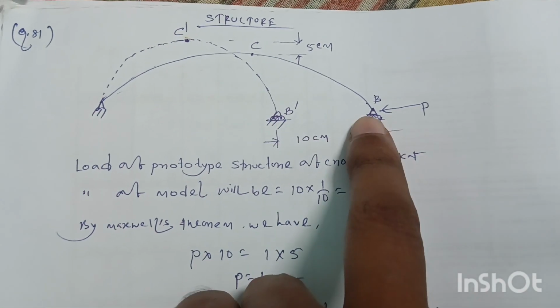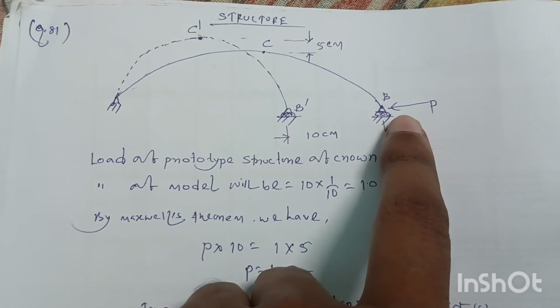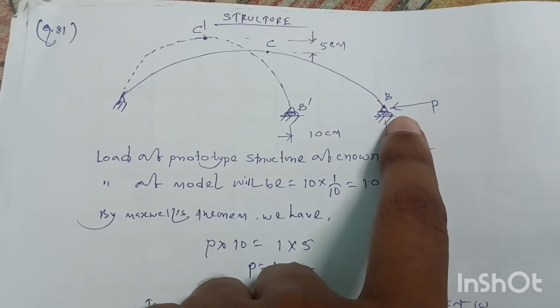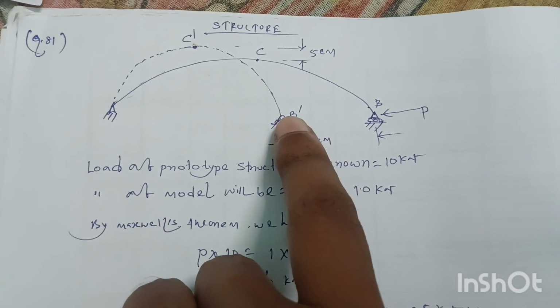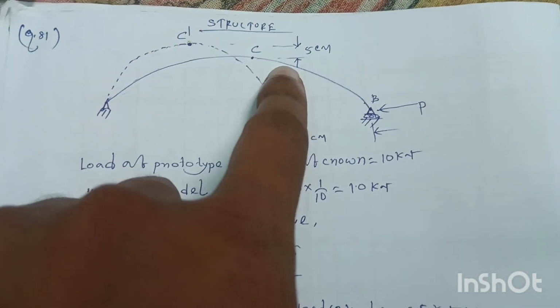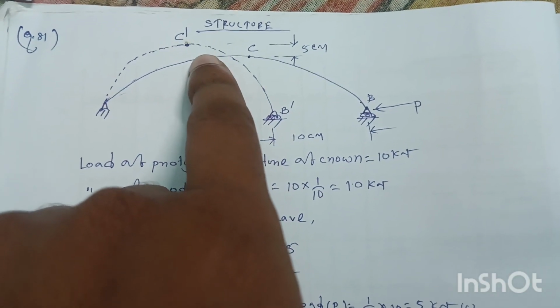When a horizontal force P is applied at support B. This force causes to move the hinge through 100 mm from B to B dash and raises the crown from C to C dash by 50 mm or 5 centimeter.